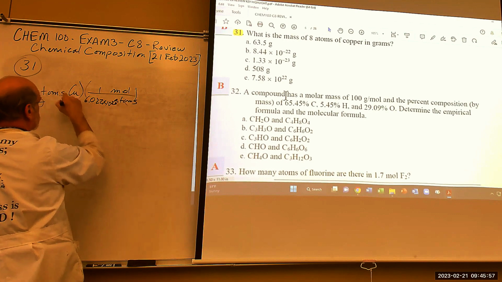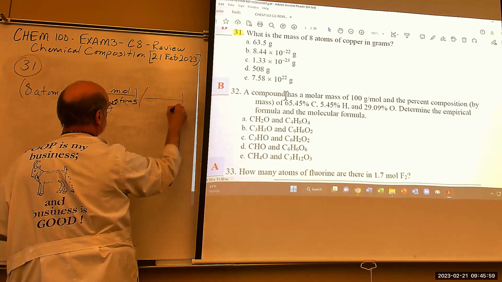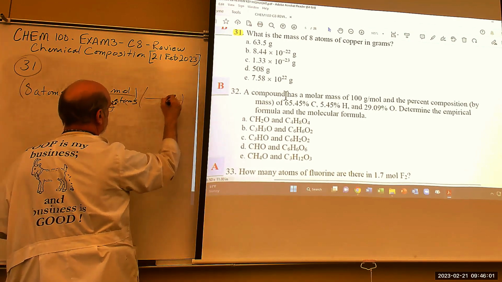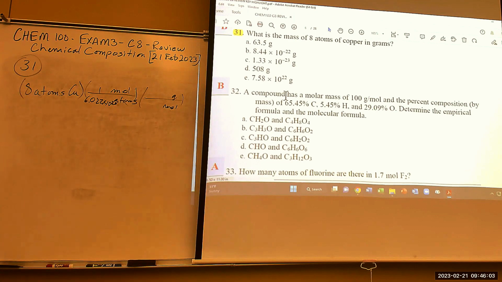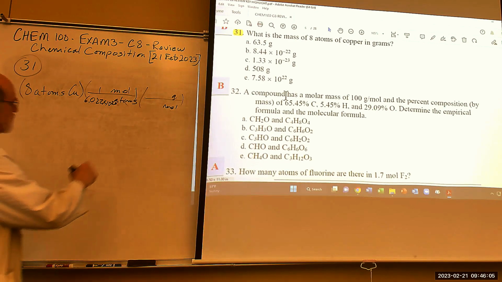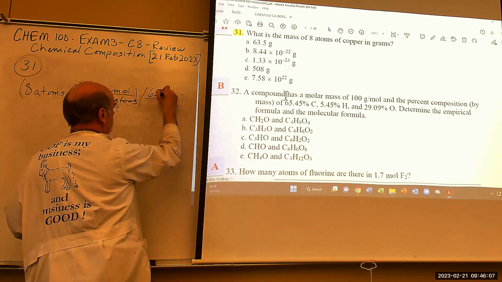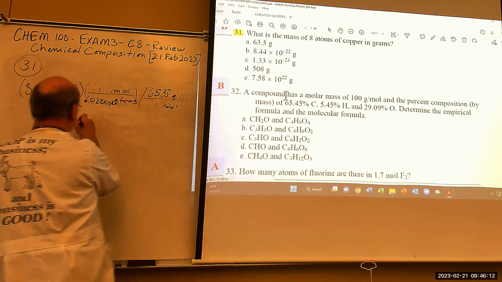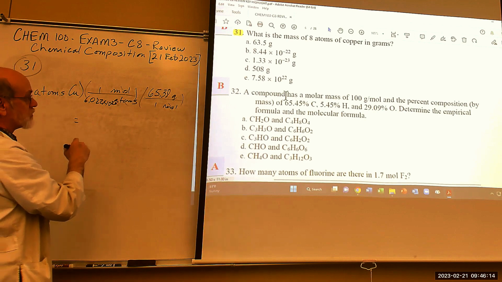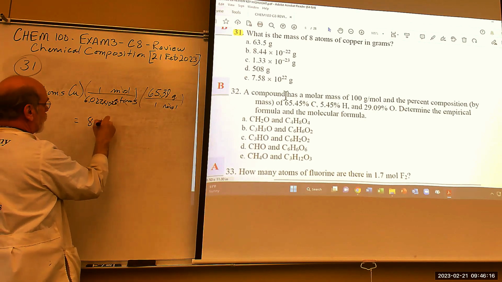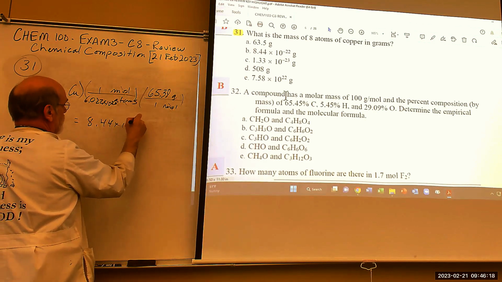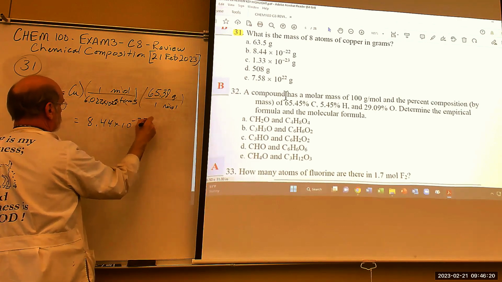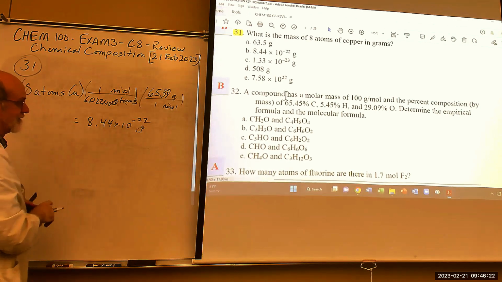Now we got rid of atoms and we need to convert moles to grams. Moles on the bottom, grams on the top. And copper is 63.55. There we go. Now you do your math and you should come out to 8.44 times 10 to the minus 22 grams. All right.